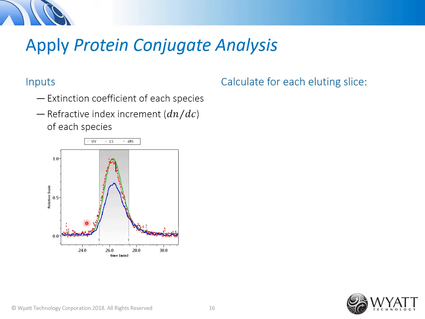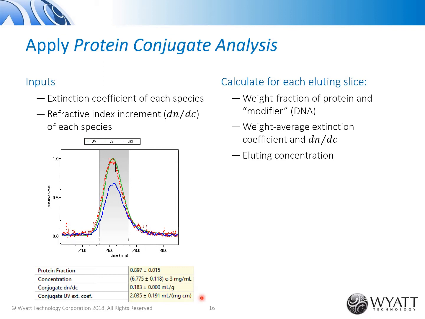So here is the light scattering in red, the UV in green, and the RI in blue. At this instant, here around 27 minutes, we calculate that the protein fraction is about 90%, meaning 90% of the mass is protein and about 10% is DNA.